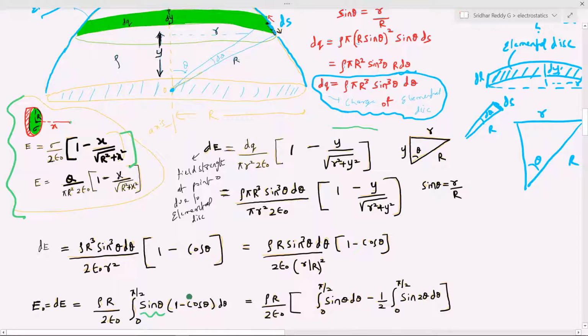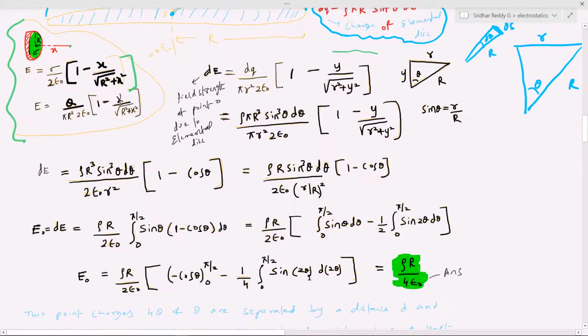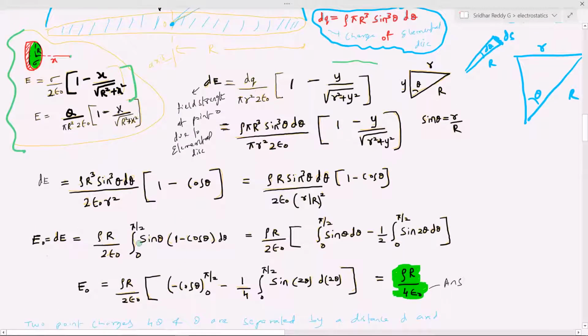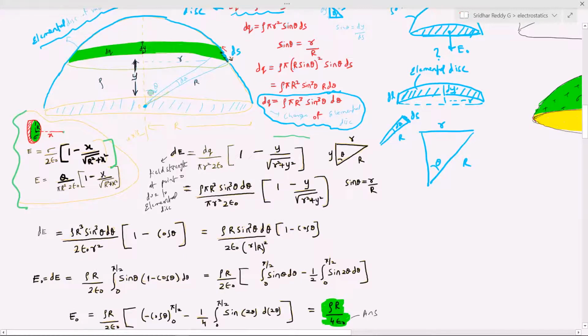Okay, the limits will now be y equal to... rho R by 2 epsilon naught, from 0 to pi by 2. Okay, look at this part. Now, what should be the limit? 0 to pi by 2. Now, how to take the limits? Let me show the complete diagram. If this is the theta equals 0 degree line, then the limit should be 0 to pi by 2.